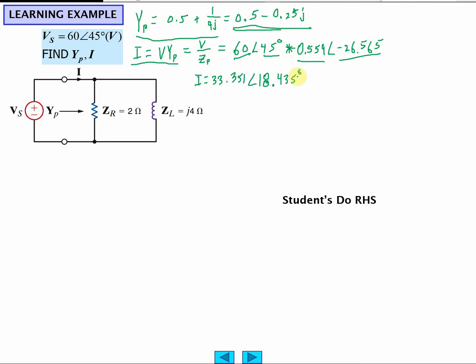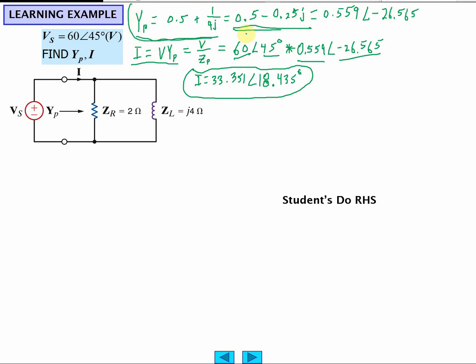Okay, that ought to do it. We have the current, and we have YP, which we can write as 0.559 angle negative 26.565.